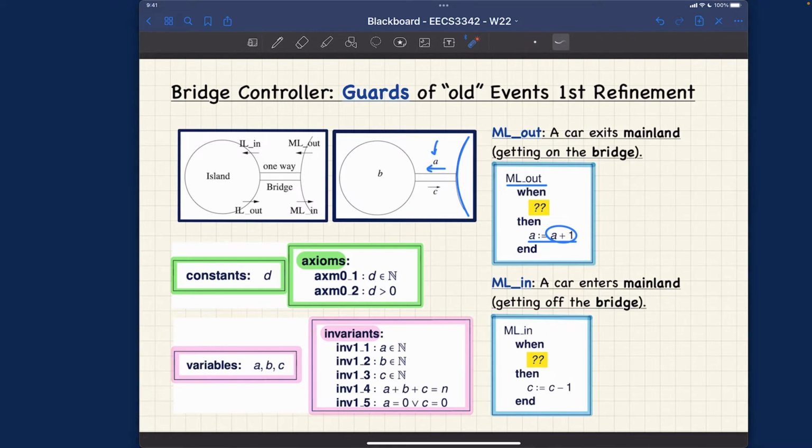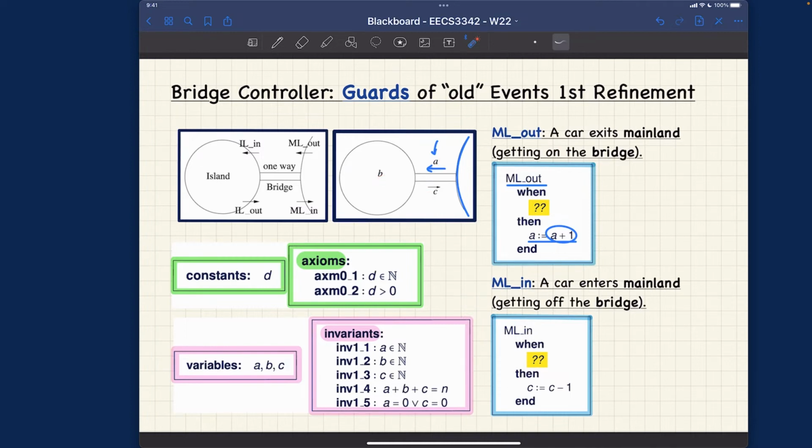What else? Let's say the car is allowed to go onto the bridge. In that case, you should make sure the summation of A, B, and C is still limited by the maximum capacity, which is the constant D that we declared in the initial model.